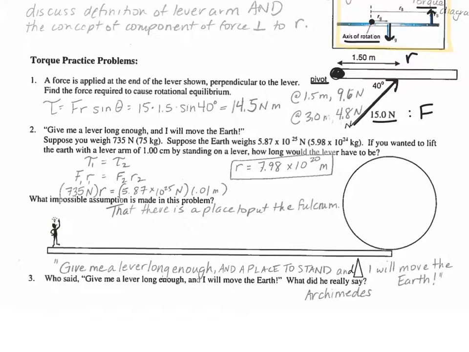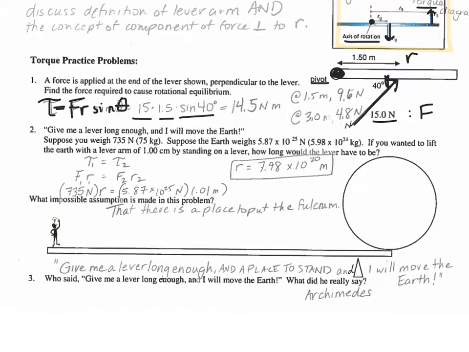And then you'll also notice I need the angle, which is 40 degrees, between F and R. So I'm going to use the formula, which is that torque equals F R sine theta, and I have all those values. So F was 15, R was 1.5, and then I've got the sine of 40 degrees.